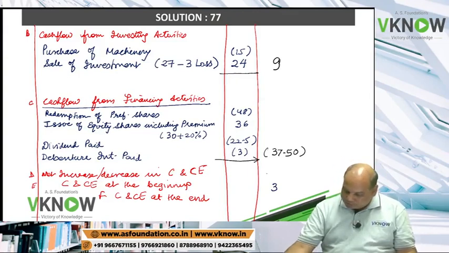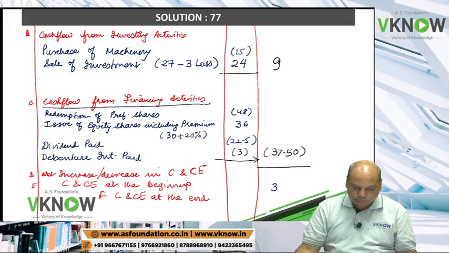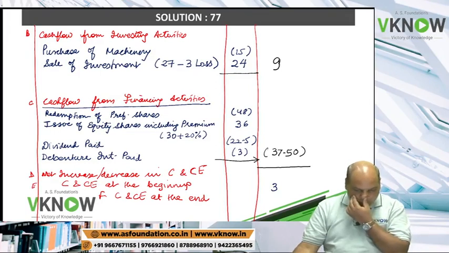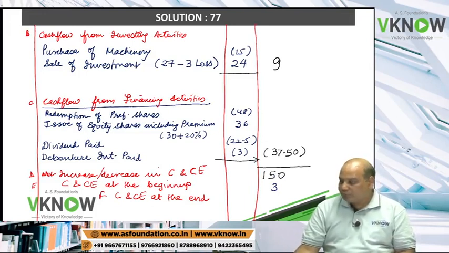And then net increase or decrease in cash and cash equivalent is 150.